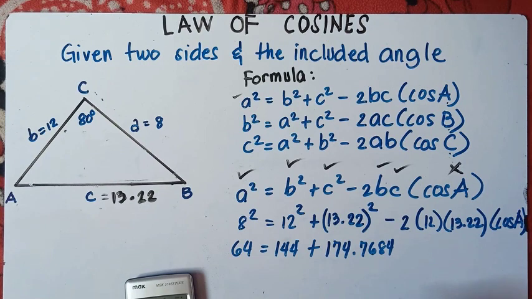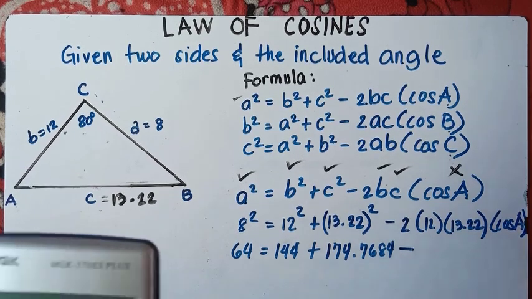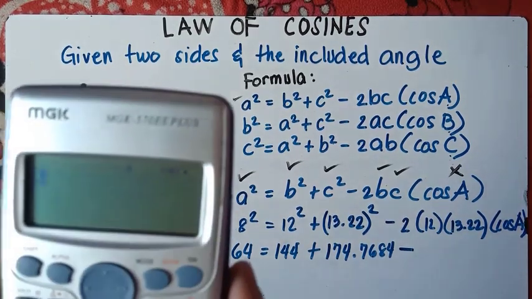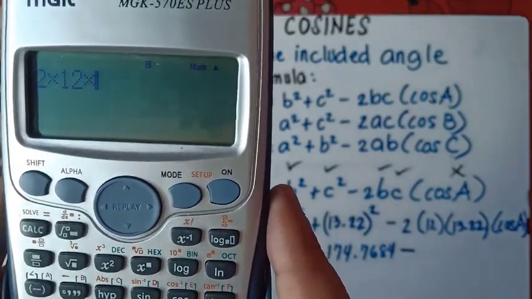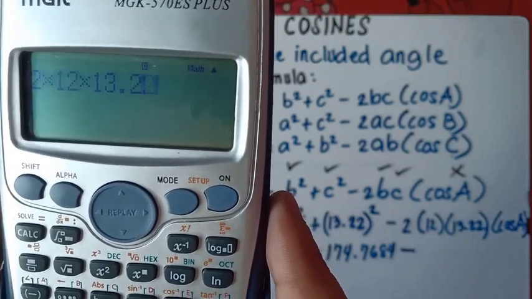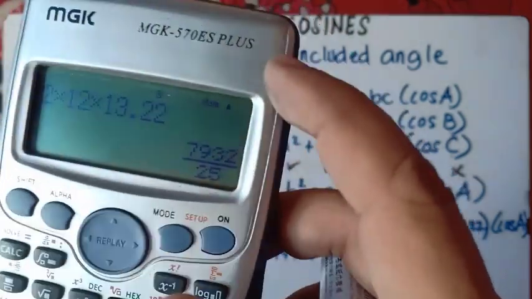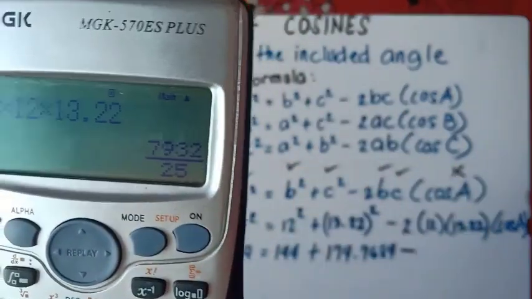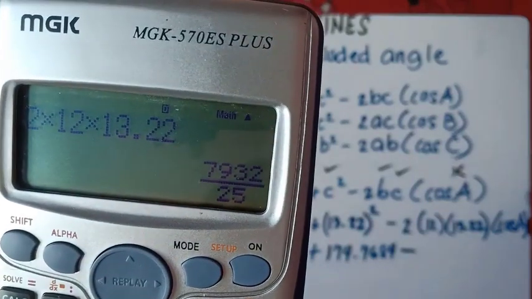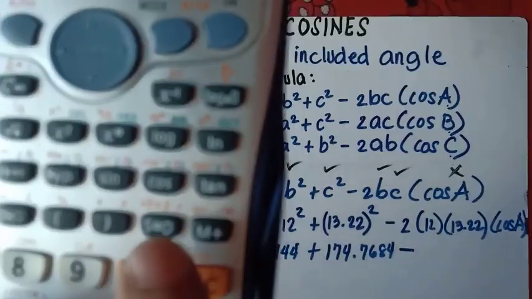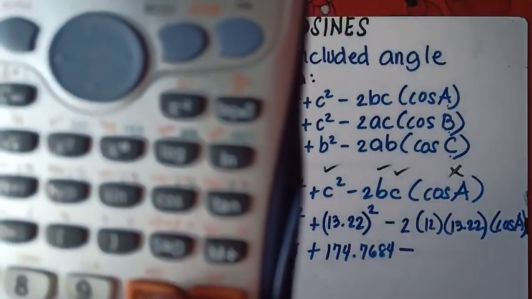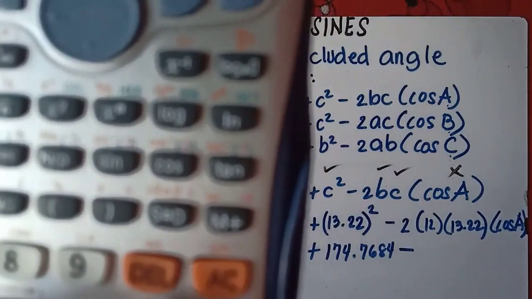Alright, so minus, you multiply this one: 2 times 12 times 13.22. If the answer on your calculator, class, is this fraction, 7,932 over 25, you just click SD, this one above the delete.